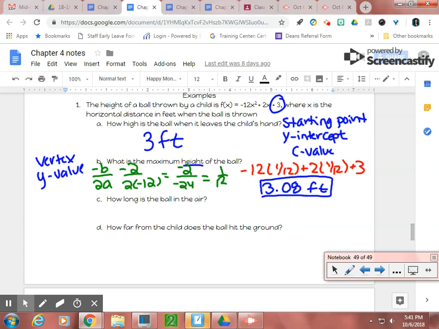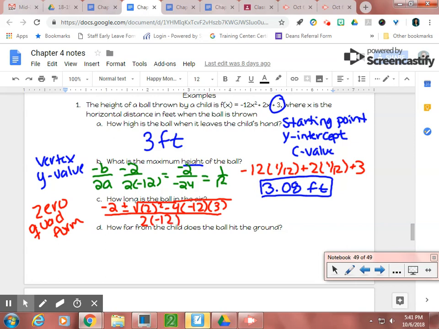Okay, if you want to know how long a ball is in the air, you want to find your zero for that. So you want to decide if you're going to factor that or if you're going to do quadratic formula. I generally pick to do quadratic formula because it's going to work 100% of the time always. So opposite of b, -2 plus or minus the square root of b squared, so 2 squared, minus 4 times a times c, all over 2a, so 2 times -12.